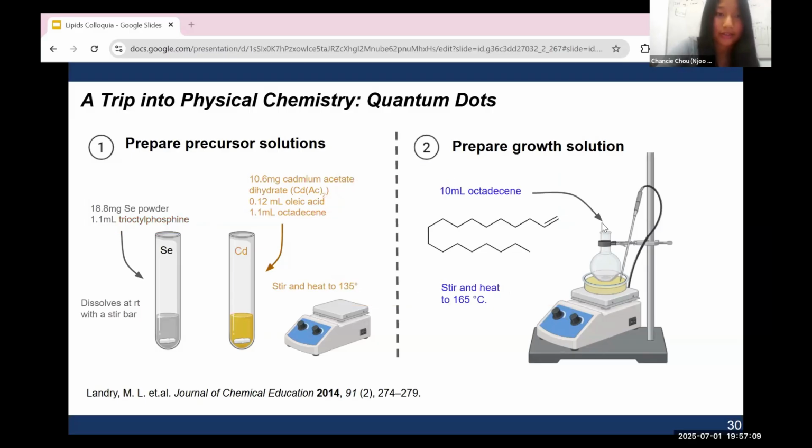The other precursor solution is the cation solution. And one thing to note is that this has to be heated up until 135 degrees Celsius. After we complete that step, we can then prepare the growth solution. So essentially, this is just heating up 10 mL of our solvent octadecene to 165 degrees Celsius.